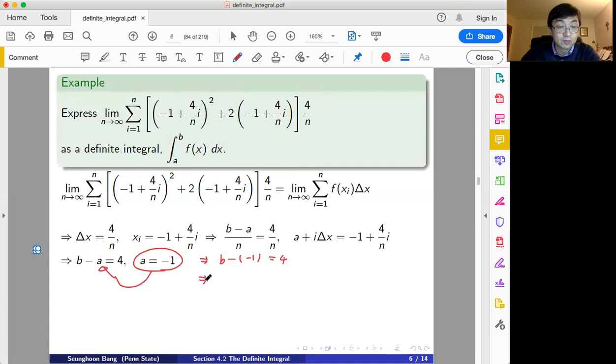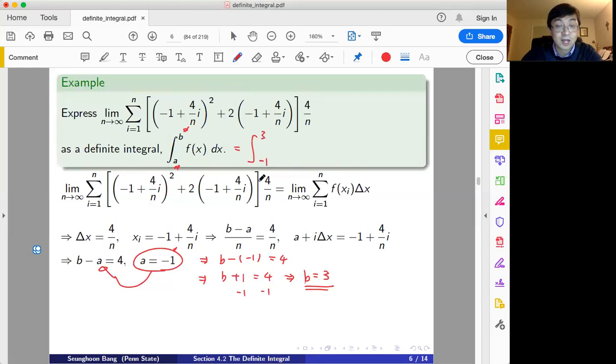This is the same as b plus 1 equals 4. Subtract 1 from both sides, and b equals 3. So you plug in b equals 3 and a equals minus 1, and we have these two numbers. This is the same as the integral from minus 1 to 3.